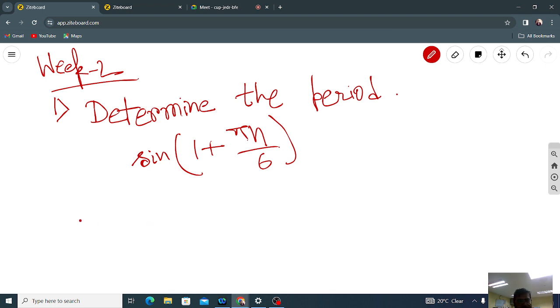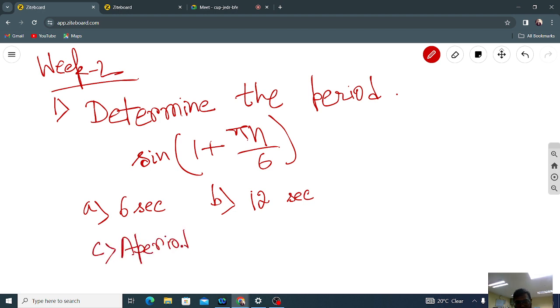There are four options there. First one is 6 seconds, second one is 12 seconds, third one is aperiodic, and fourth one is 12 pi seconds.